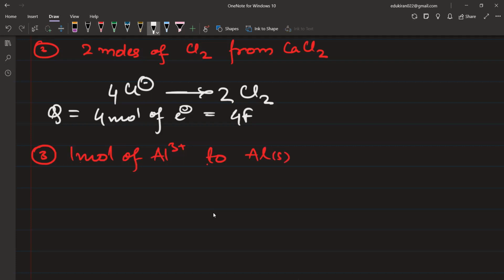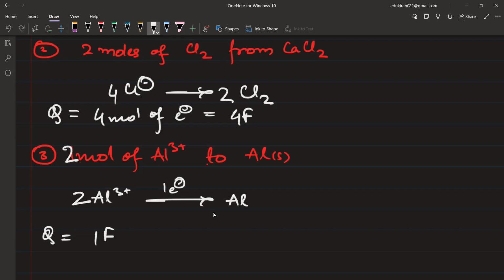Whenever you have this statement, it will correspond to a reaction. What is the reaction? Al3 plus to aluminium. How many electrons do we need? Tell me, guys. 1 mole of electrons, right? So charge will be equal to 1 Faraday. But please remember that if this was 2 mole of Al3 plus, then you would have written 2 here.